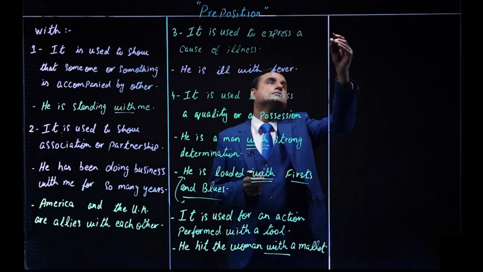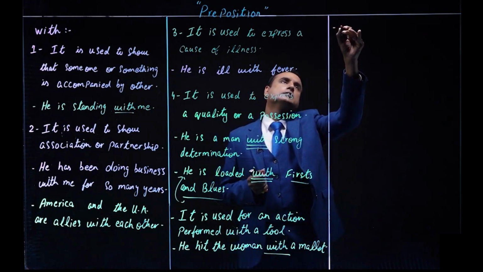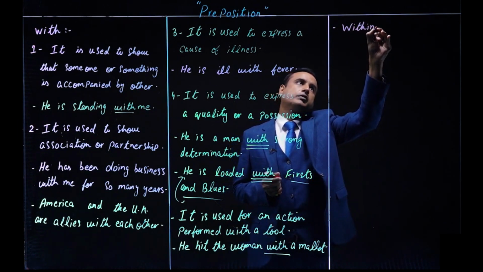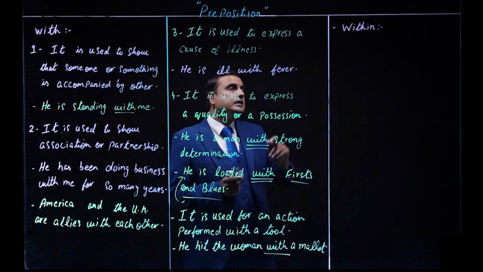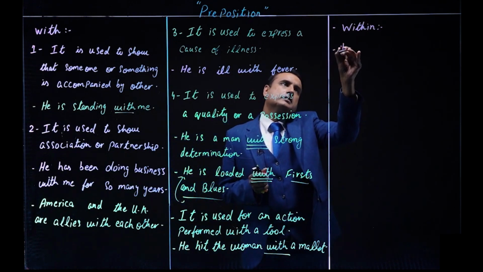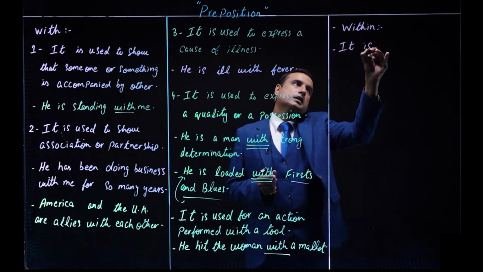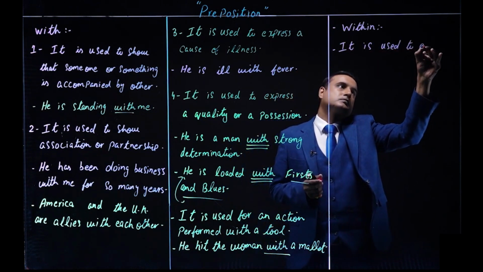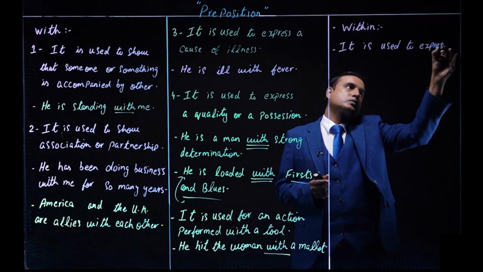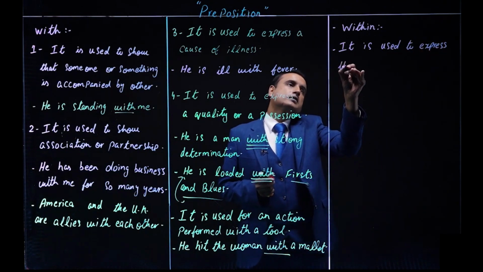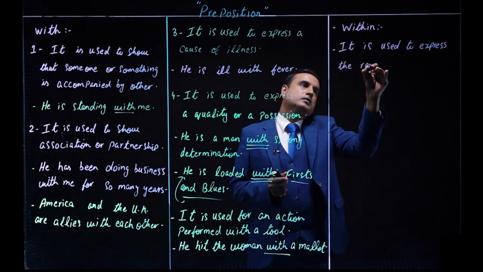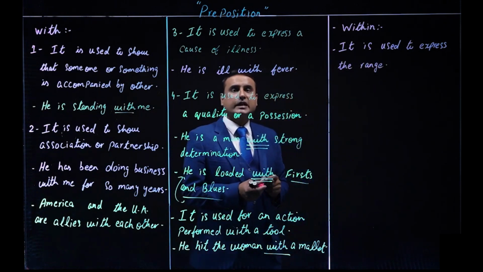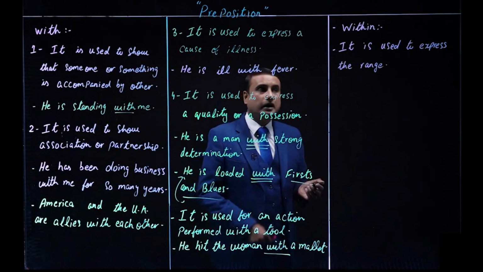Now our final one for this lecture is within. Primarily it is used to express the range. रेंज को एक्सप्रेस करने के लिए बुनियादी तौर पर हम इस्तेमाल करते हैं.